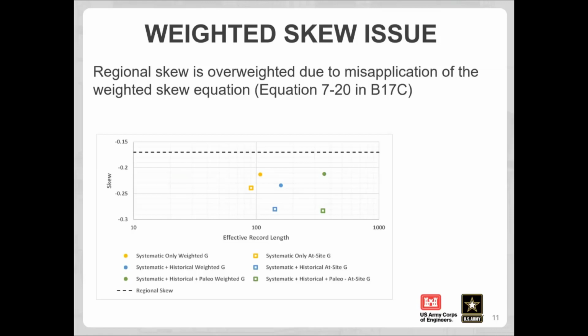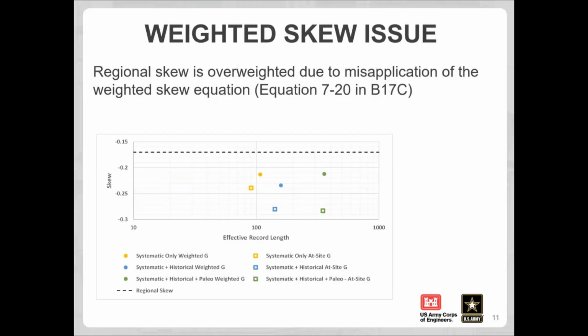Systematic plus historic are the blue symbols, and systematic plus historic plus paleo are the green symbols. We have an at-site skew estimate from the at-site data, those are the squares, so we have a yellow, blue, and a green square for each of the analyses. And then we have a regional skew estimate, which is shown as the dashed black line near the top. That's our regional skew information.